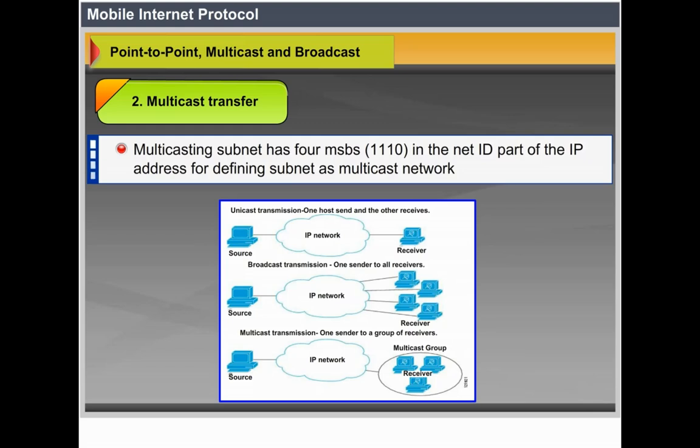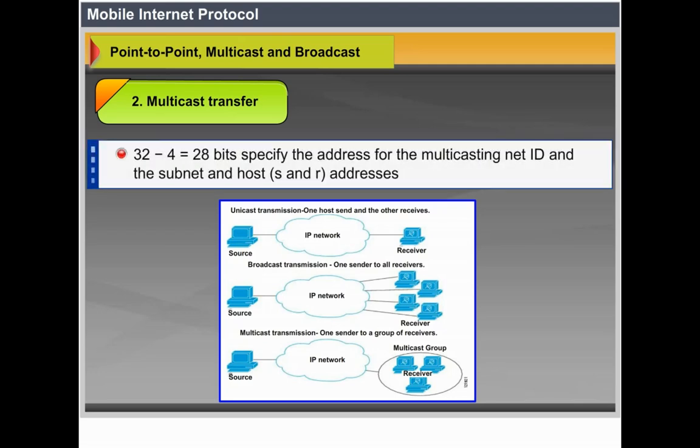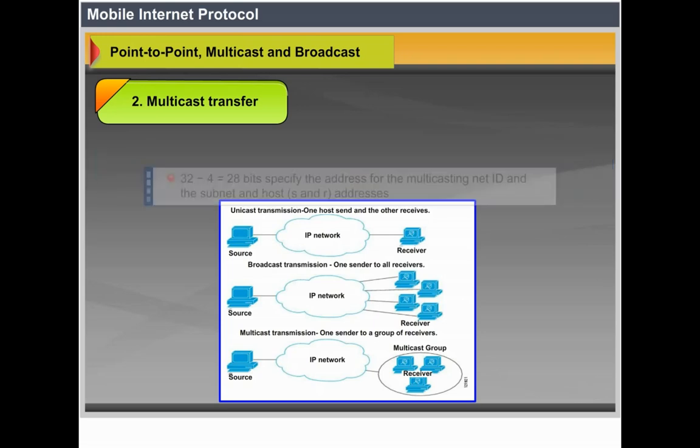The multicasting subnet has the 4 MSBs 1110 in the net ID part of the IP address for defining the subnet as a multicast network. 32 minus 4 equals 28 bits specify the address for the multicasting net ID, the subnet, and the host S and R addresses.